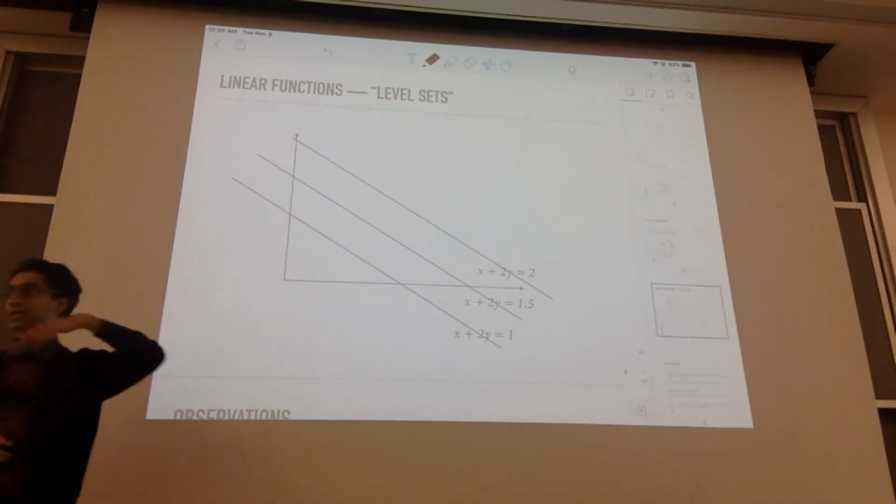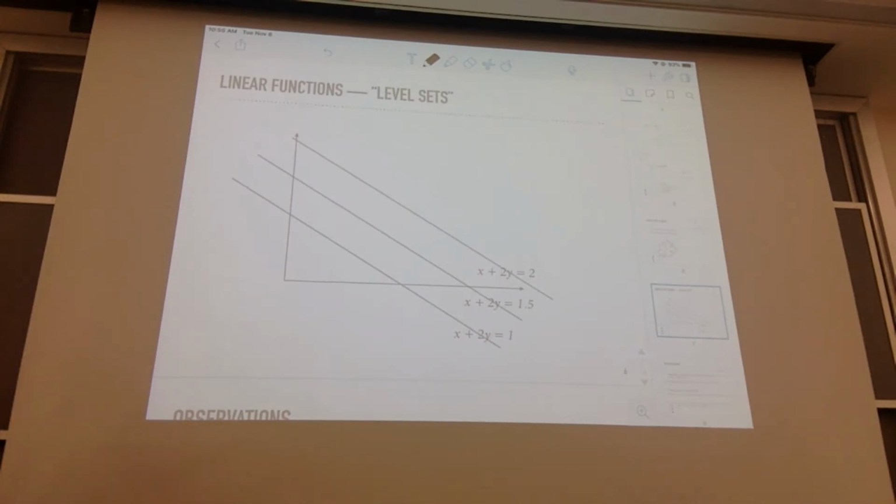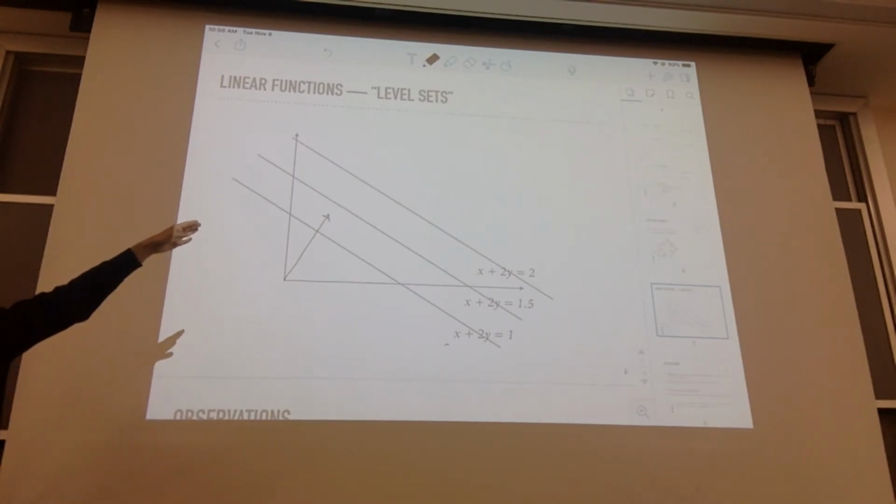And in general, they would be parallel hyperplanes. Like in high dimensions, this would just be planes that are parallel, and the orthogonal direction would correspond to this set of weights. So the direction of this vector is where things increase, and this would exactly correspond to the coefficients.